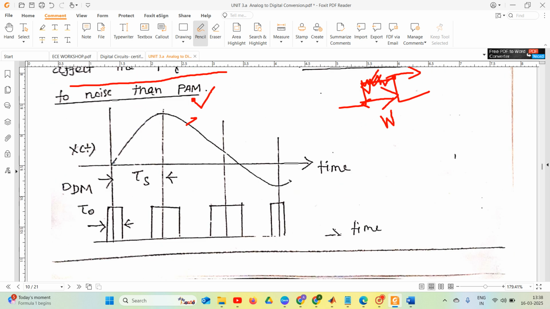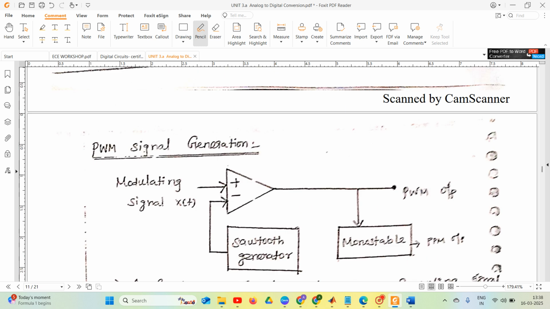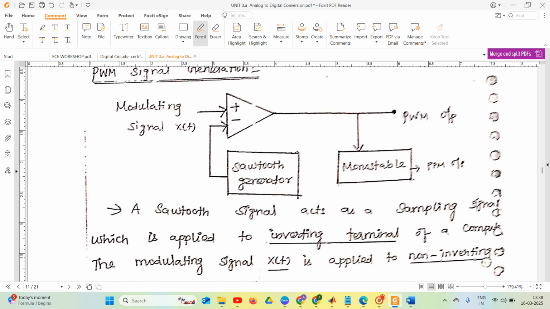So we will discuss how we are going to generate the PWM signal, with the circuit and waveform. We will discuss the waveform and everything in the next slide.